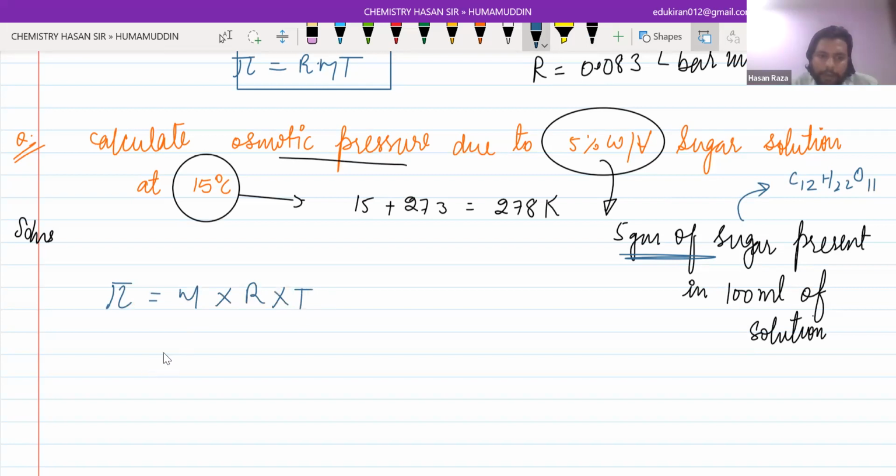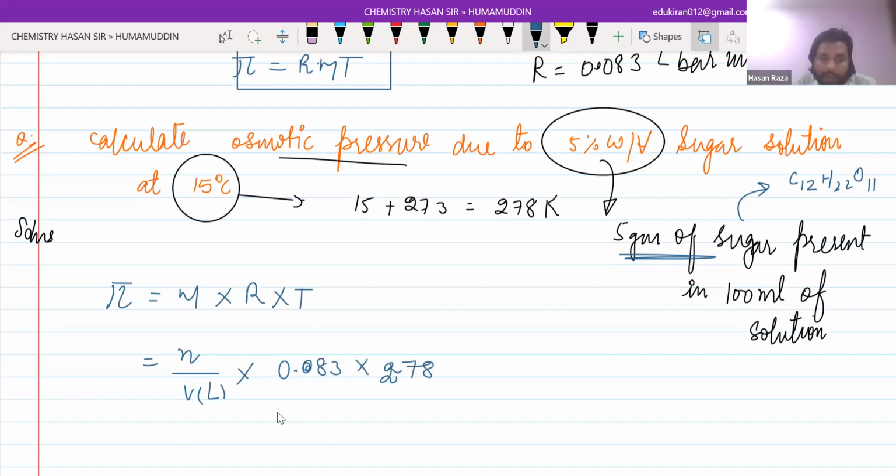R we already know. M is the number of moles of solute upon volume of solution in liter. R has a value 0.083 you can take, and temperature has a value 278. Now you know that number of moles is given mass upon molar mass.